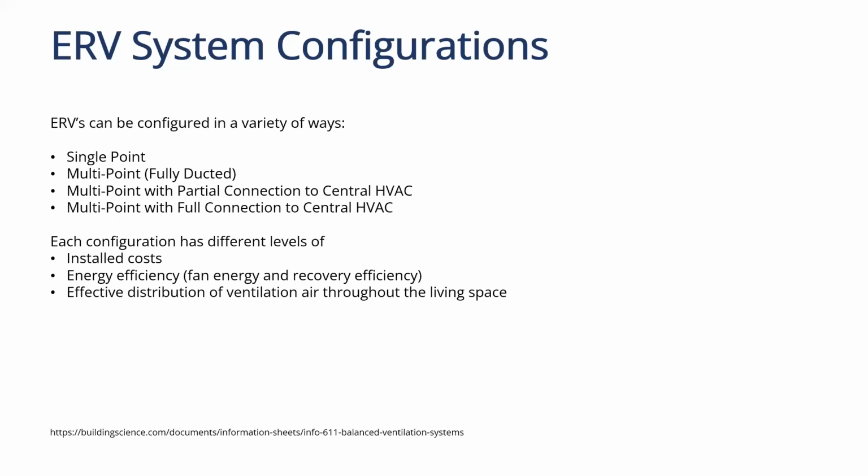And then there are varying levels of distribution of that ventilation air throughout the living space. So I'm just going to briefly go through each of these and show you examples of how you could integrate the EcoSeries Fresh Pack into these configurations.